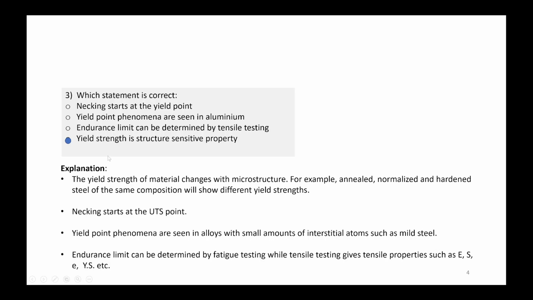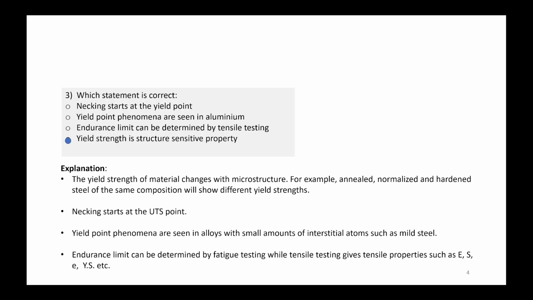The second statement: yield point phenomena are seen in alloys with small amounts of interstitial atoms such as mild steel. In the case of aluminium and copper, these ductile materials, you won't see yield point phenomena, and that's why you require 0.2% offset to measure yield strength.